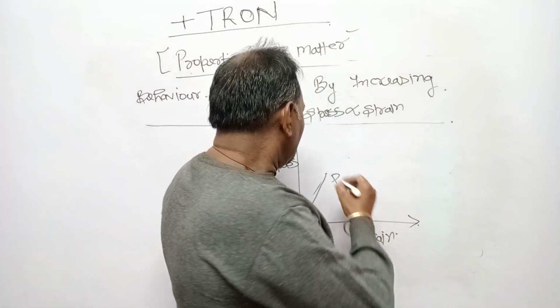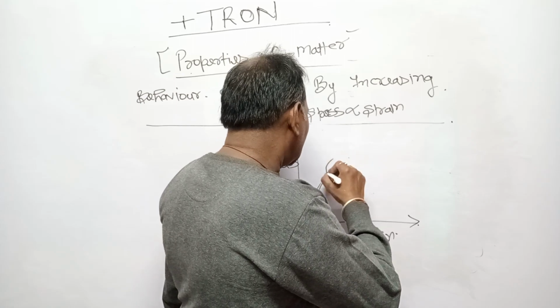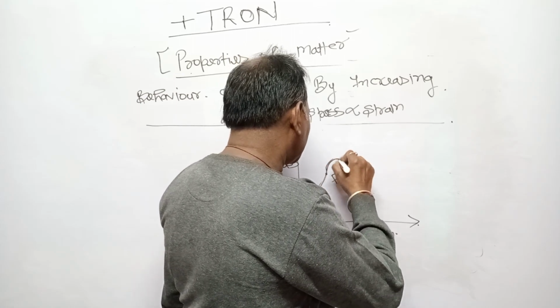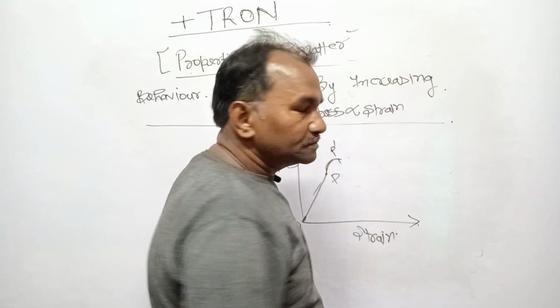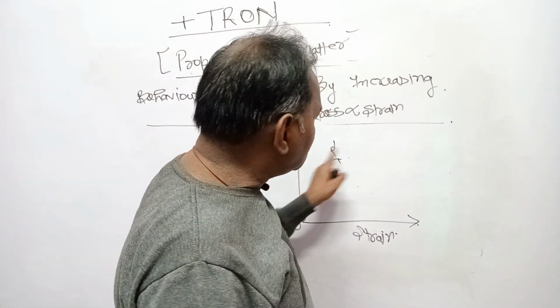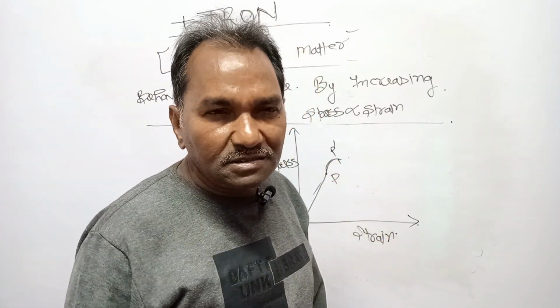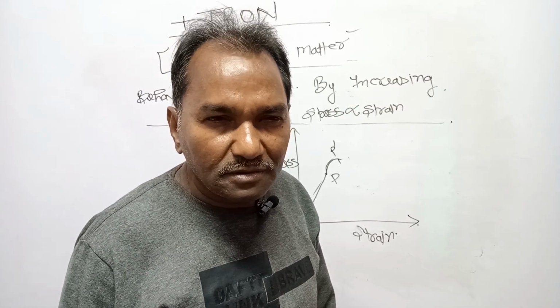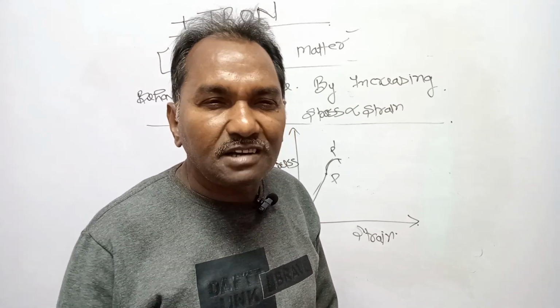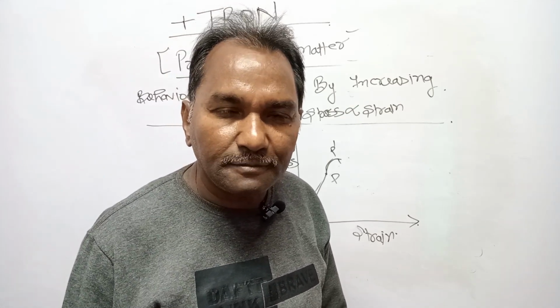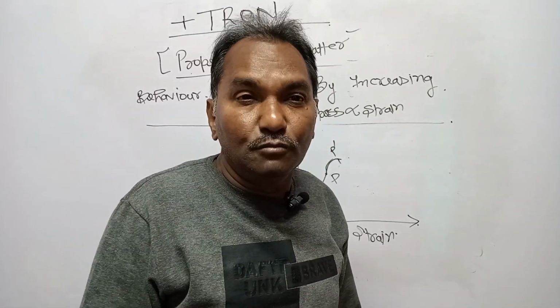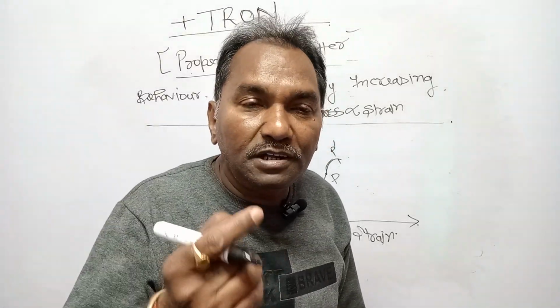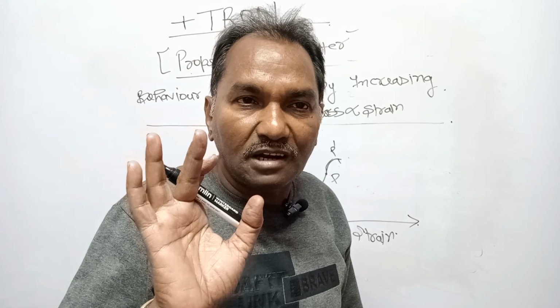Okay, but dear student, next is P dash. Actually, the graph is not a straight line. It means it is not following Hooke's law. Stress is not proportional to strain. But after the removal of the force, the body regains its original status.